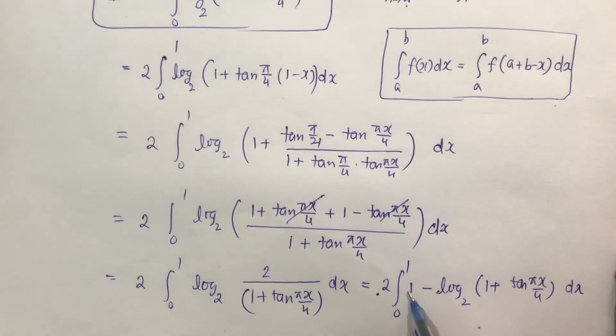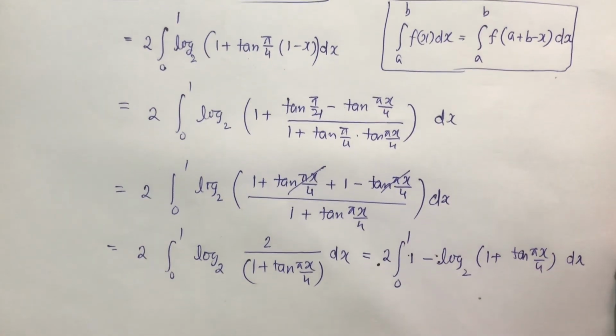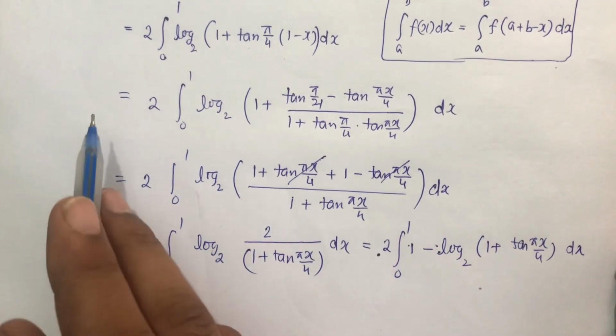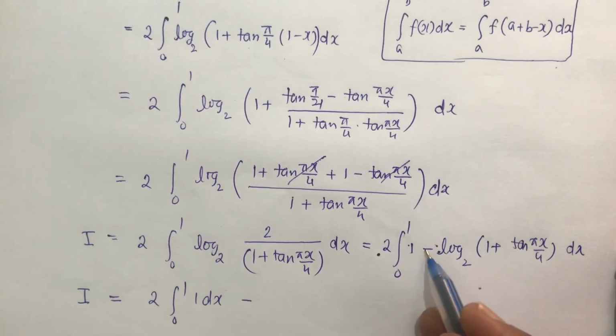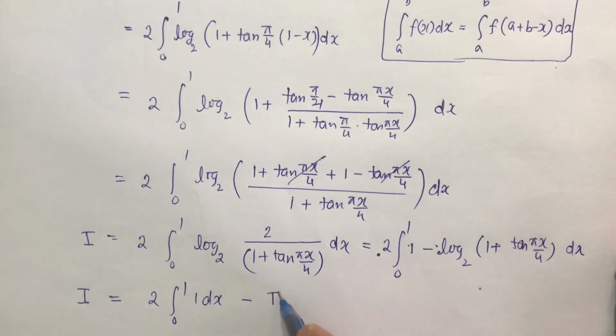If you multiply this 2 with 1 and this also, it is twice the integral from 0 to 1 of log 2 of (1 plus tan). So basically it is I. So we are simplifying integral I, which comes out to be twice the integral from 0 to 1 of 1 dx minus twice the integral from 0 to 1 of log 2 of (1 plus tan). This is again I. So I is equal to twice the integral from 0 to 1 of 1 dx minus I.